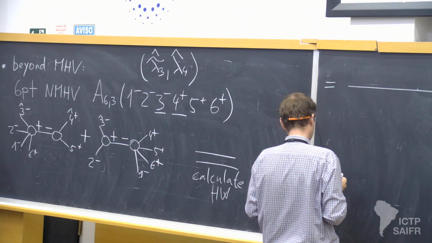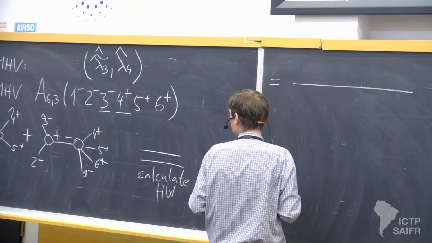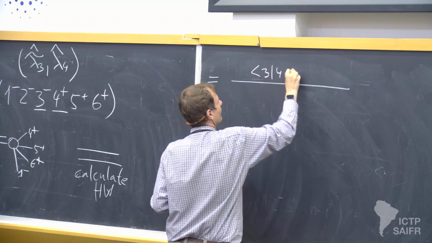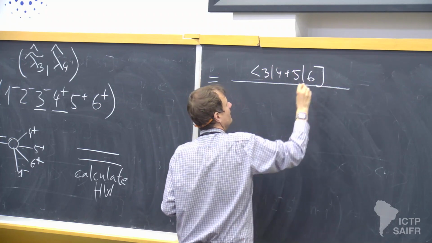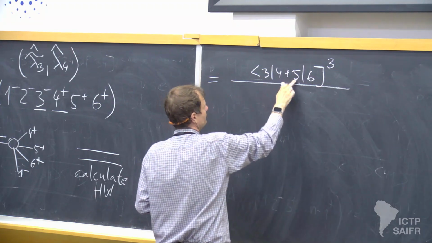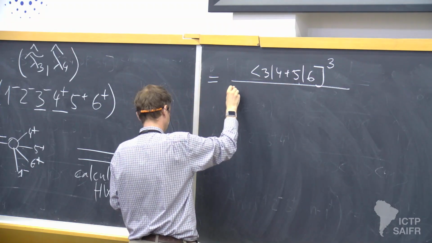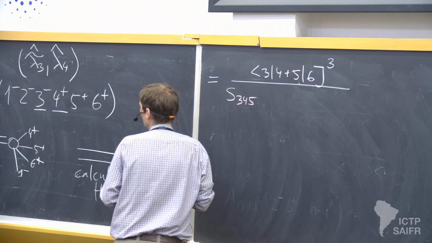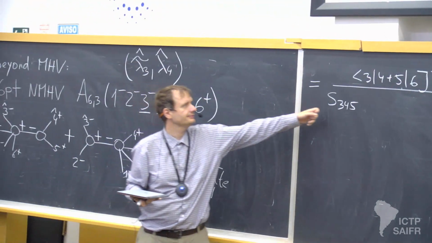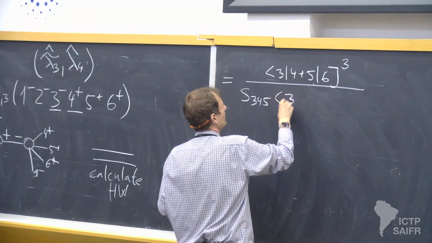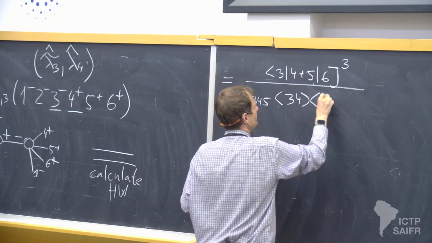And it is also related to what I said about the spurious poles. So the first term has this mixed bracket. This is P4 plus P5 in the numerator. It has some poles. Now it has a multi-particle factorization pole, S345, something which didn't show up in the MHV amplitude.